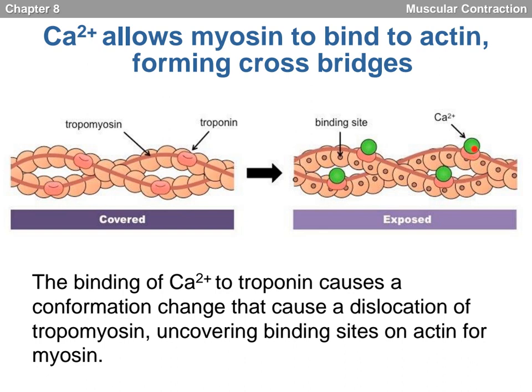This physically pulls on the tropomyosin, which now exposes the binding sites on the actin for the myosin head. And now cross-bridge formation can occur. Okay, so binding of calcium to troponin causes a conformational change that causes a dislocation of the tropomyosin, uncovering the binding sites on actin for myosin.